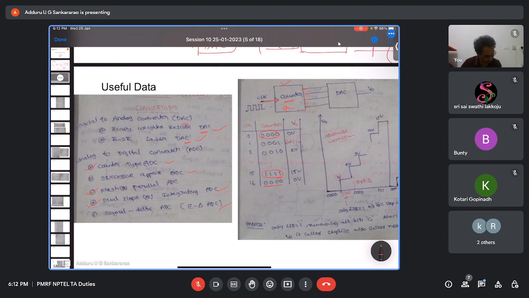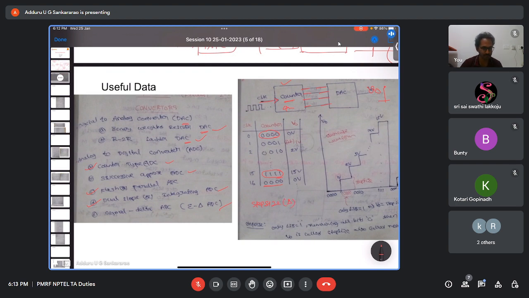Now let us say these digital inputs are given to a DAC, a digital to analog converter. The output is, let us say, V naught. Then an equivalent sample will be generated. Let us say something called step size or resolution, or delta.